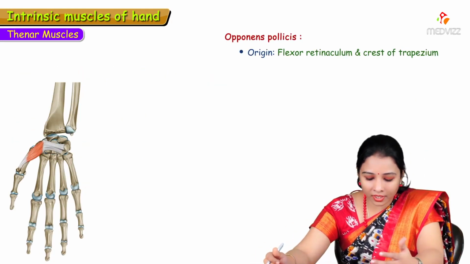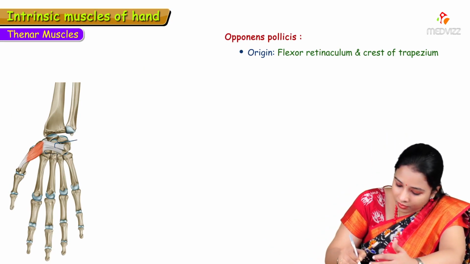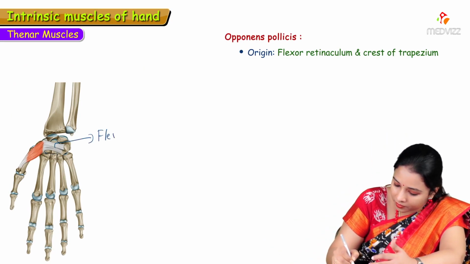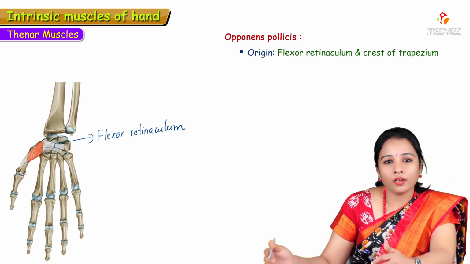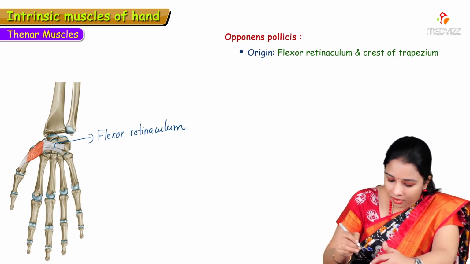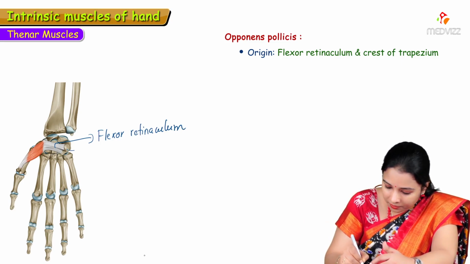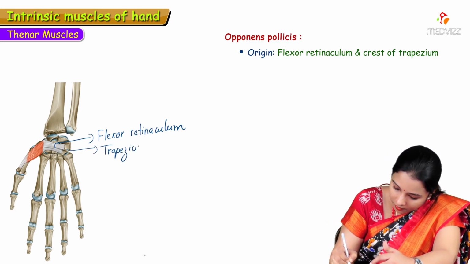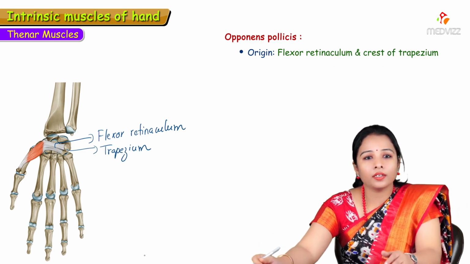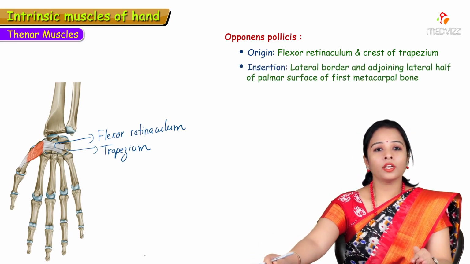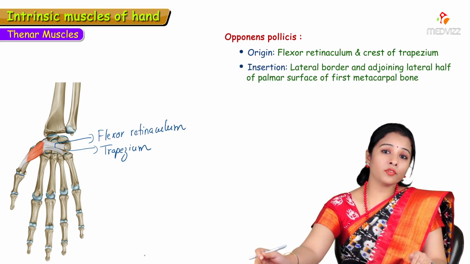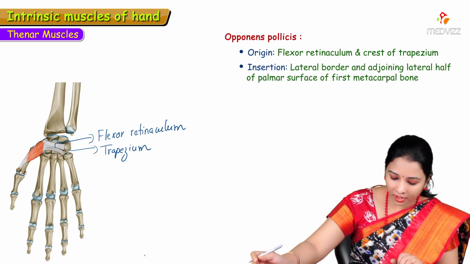So it is the most medial muscle. Opponens pollicis, and origin of it, you can see here, it gets origin from flexor retinaculum, and also it gets origin from the crest of trapezium, and insertion, it is getting inserted to the lateral border and adjoining lateral half of the palmar aspect of the first metacarpal bone.